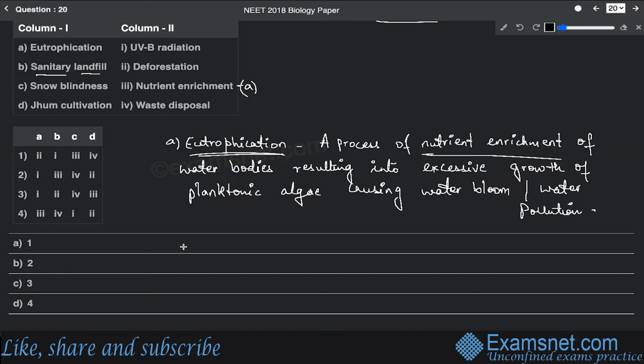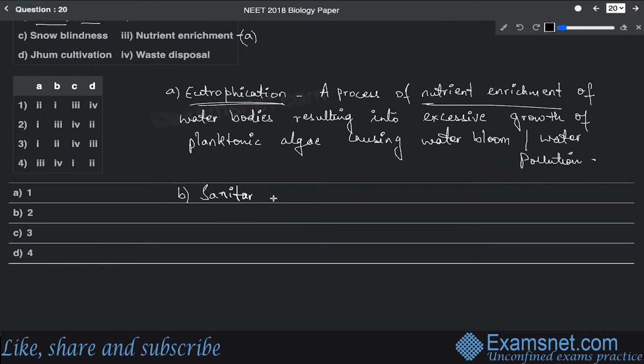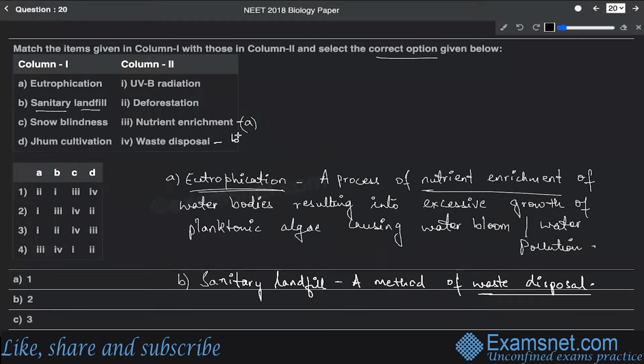So this we can say means sanitary landfill, a method of waste disposal. All right, so this is basically a method of waste disposal. So this is going to match up with B.